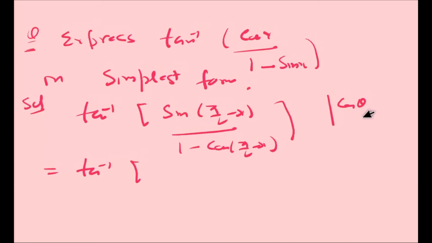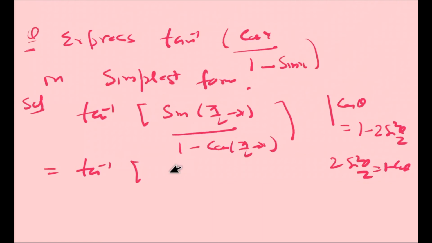Now we know that cos theta equals 2 cos square theta by 2 minus 1, or we can say the formula this way, 1 minus 2 sin square theta by 2. Then 2 sin square theta by 2 equals 1 minus cos theta.